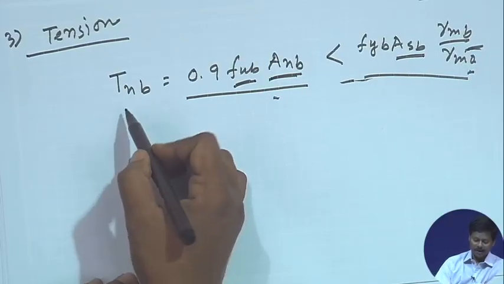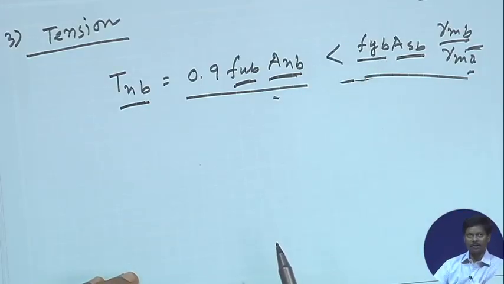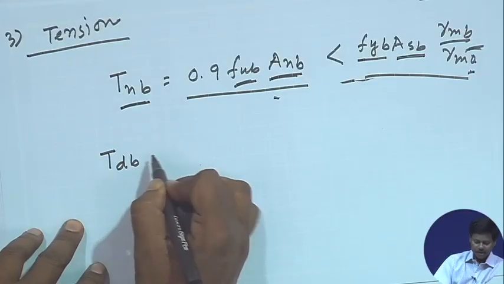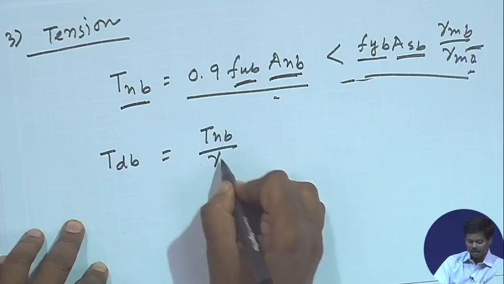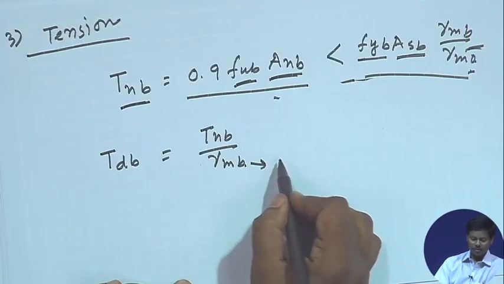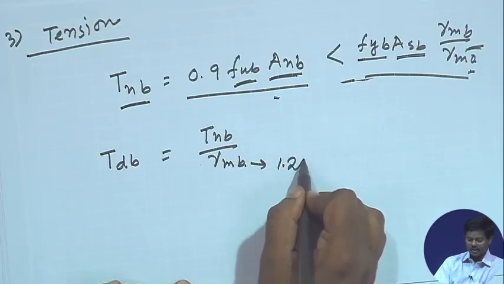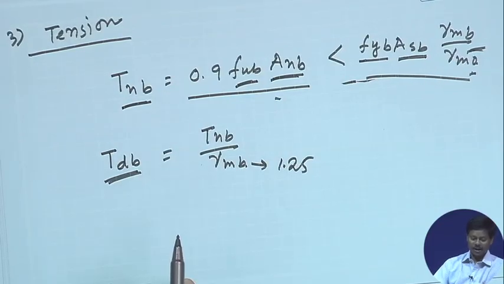This is how we find Tnb, and fyb is the yield stress of the bolt material. Then we can find the design tensile force Tdb, that will be Tnb by gamma mb, and we know gamma mb is 1.25.